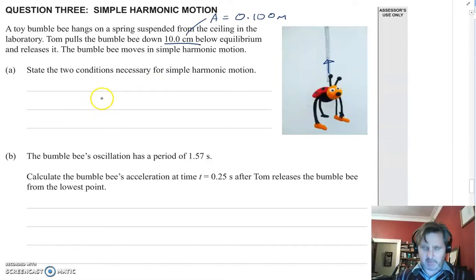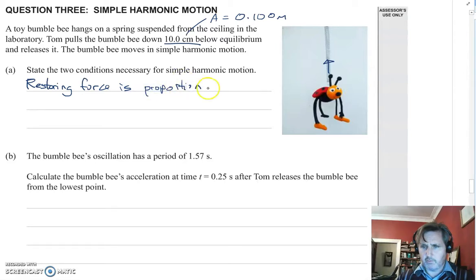That's good because we know we're going to use all the tools that we use for simple harmonic motion. Two conditions are necessary for simple harmonic motion. The first one is that the force, we'll call this the restoring force, is proportional to the displacement.